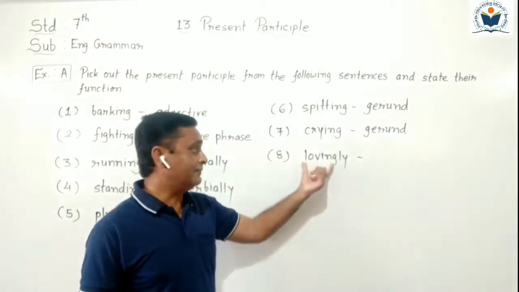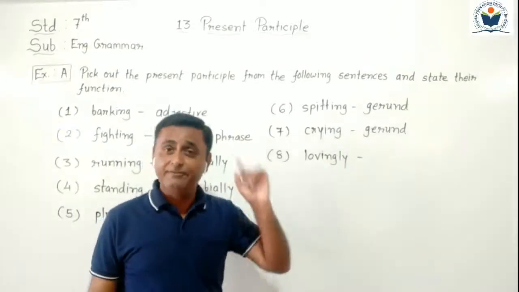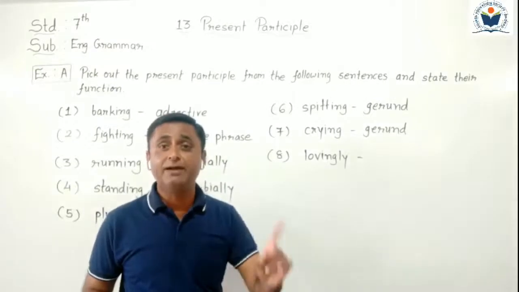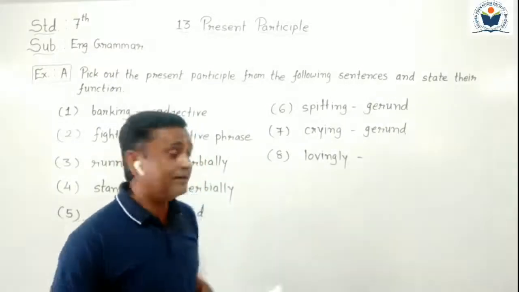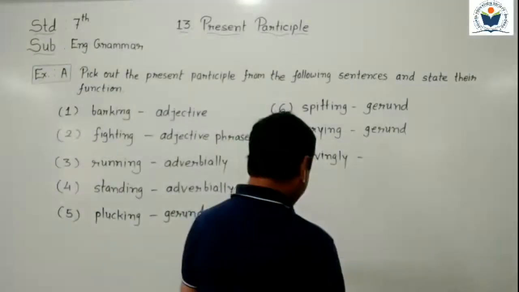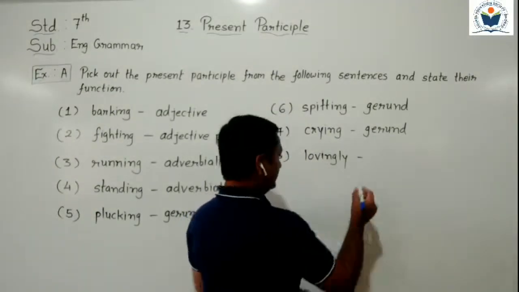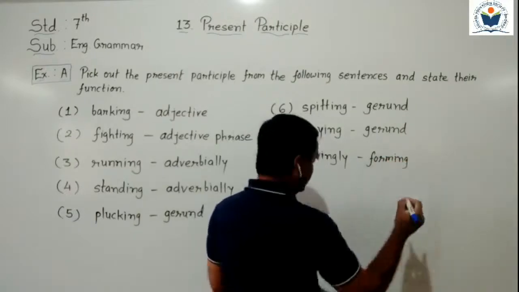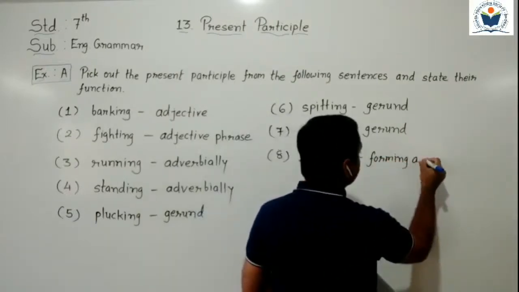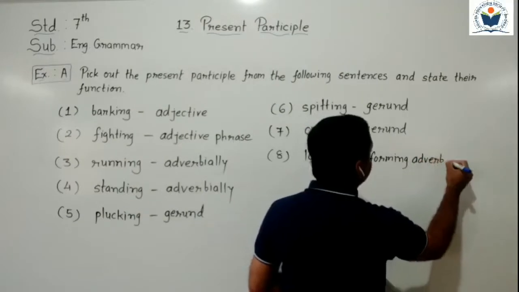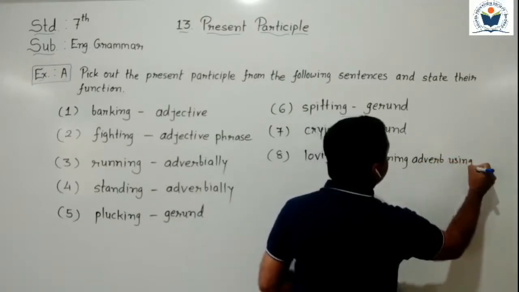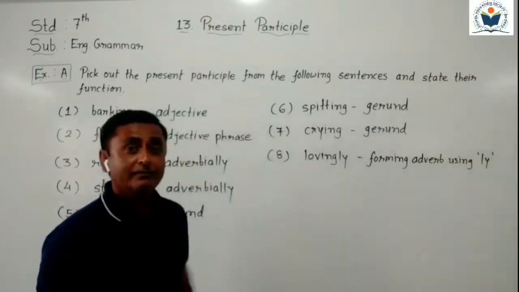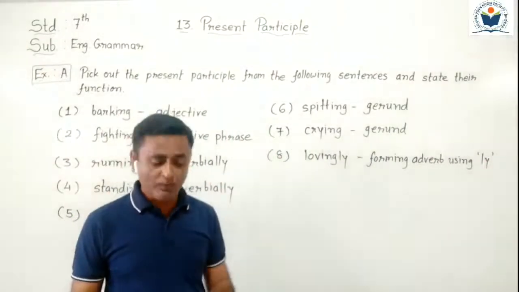After ing, ly is added. We studied about the function of the present participle that we add ly to make an adverb. So here lovingly is used as an adverb. So we can write that forming adverb using ly here.